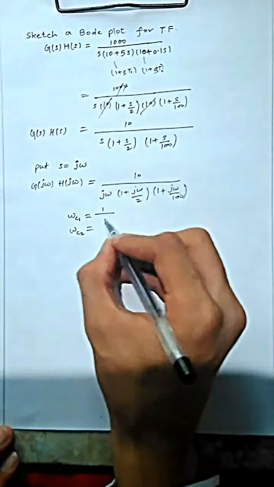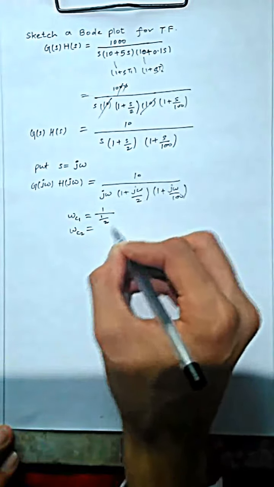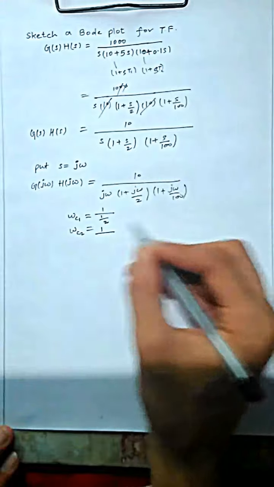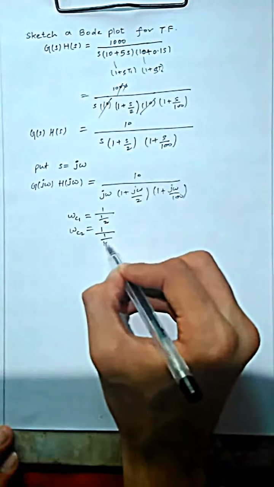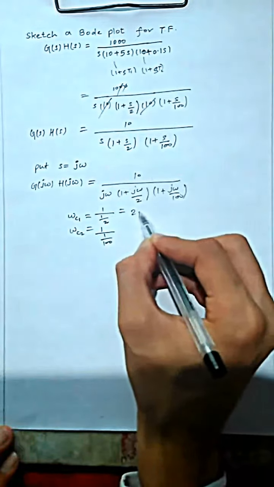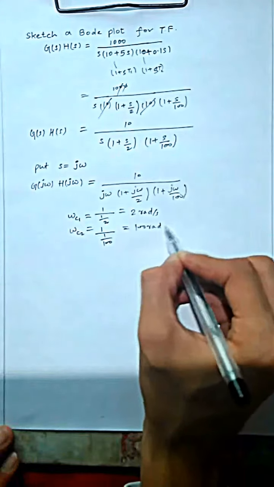For omega C1 it is 1 by 1 by 2, so 2 radians per second. For omega C2, the j omega coefficient is 1 by 100, so we get 100 radians per second.